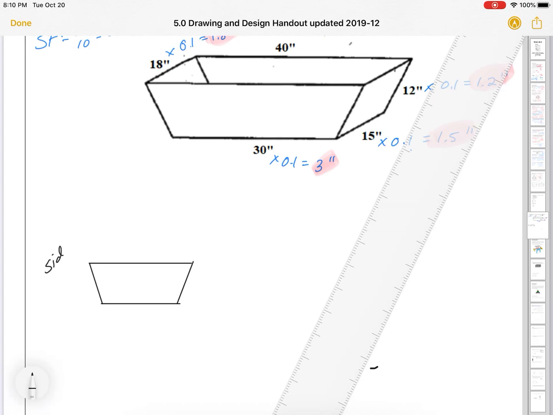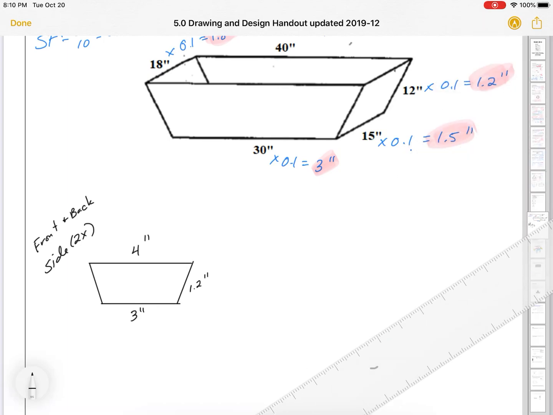So this is the side, and we have 2 of them. So we're going to note that we have 2 sides. This is the front and back sides. So the top is 4 inches, and the bottom is 3 inches. And the angled side going up is 1.2 inches.